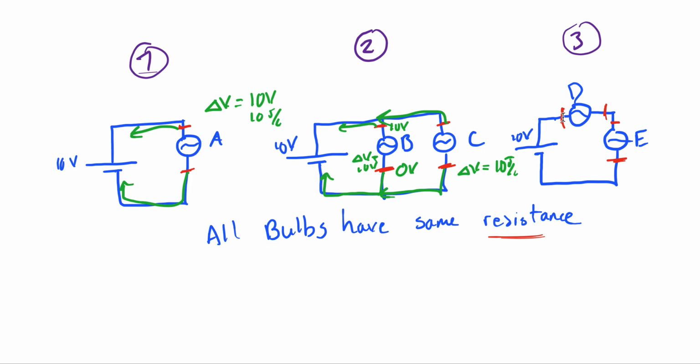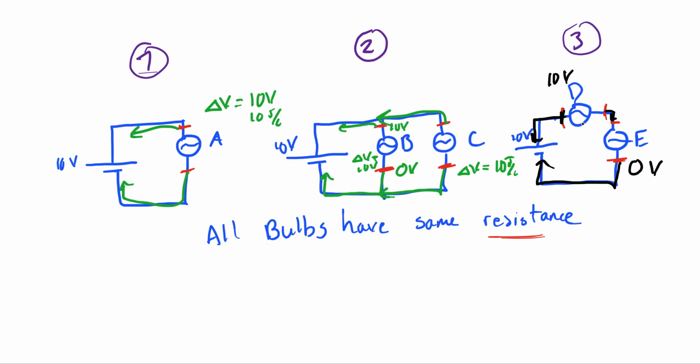In circuit number 3, I start off, one side of that battery is connected to 10 volts. The other side runs into a light bulb over there, and I have to go to the other side of E to get to 0 volts.